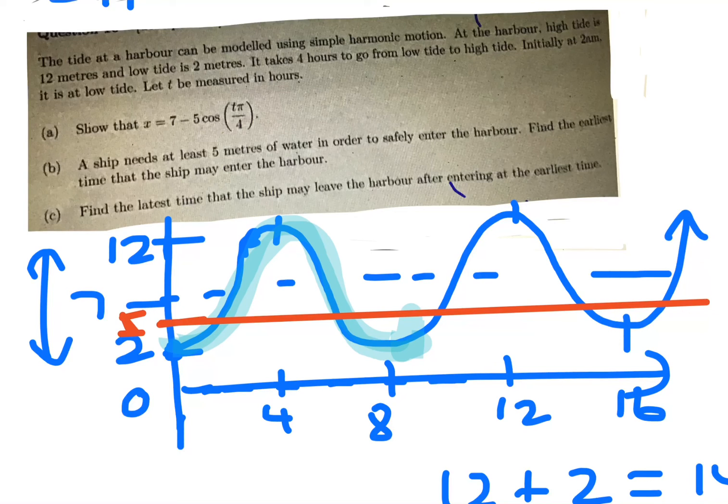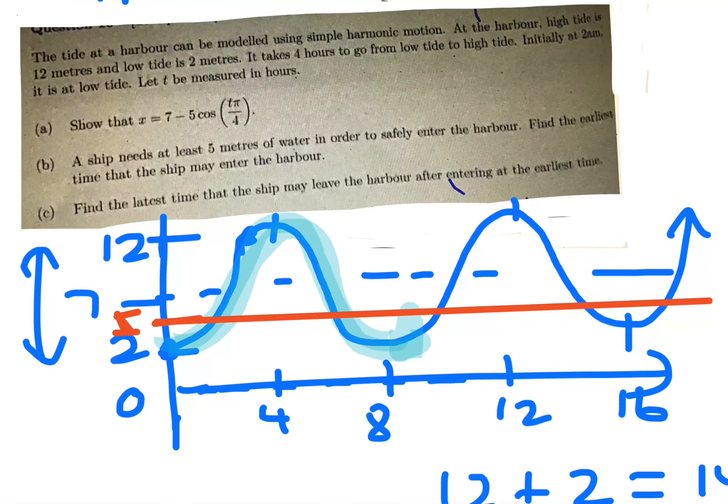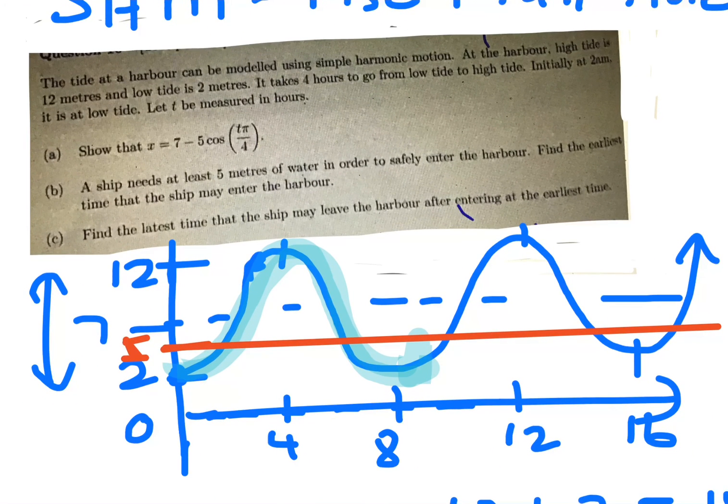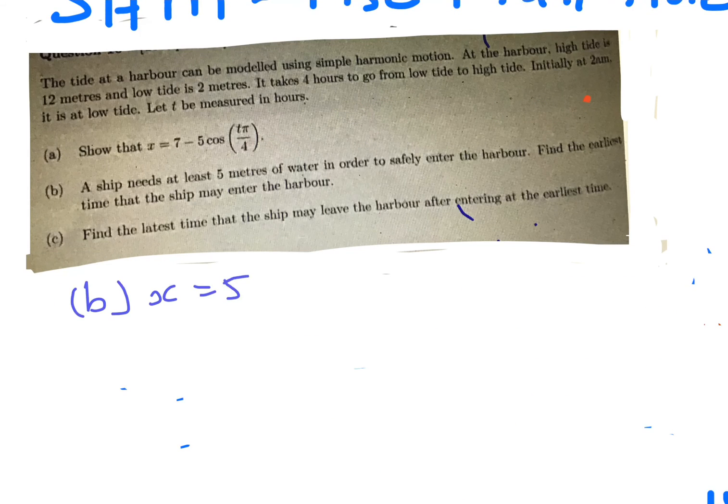So 2 to 5. So it'll be when x equals 5 metres that it will be able to pass. So if you get that graph, for this graph we make 5 equals 7 minus 5 cos, and then you put it in. So when x equals 5, that would be 5 equals 7 minus 5 cos pi on 4t.